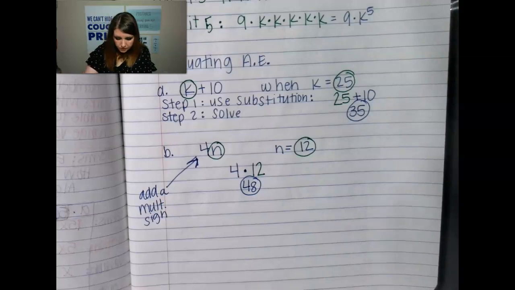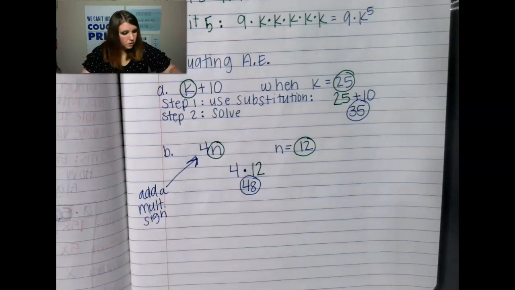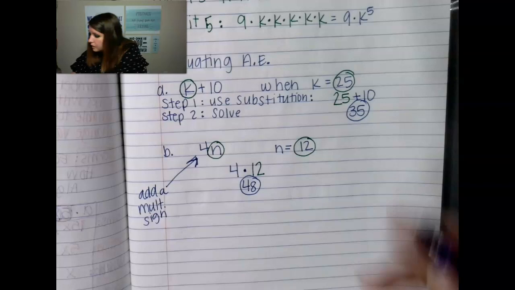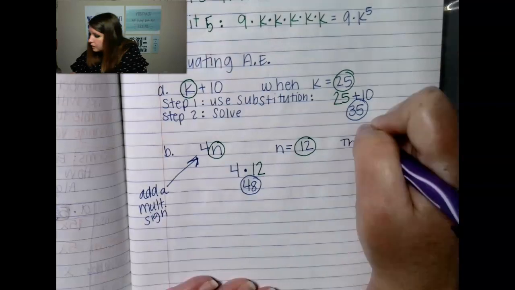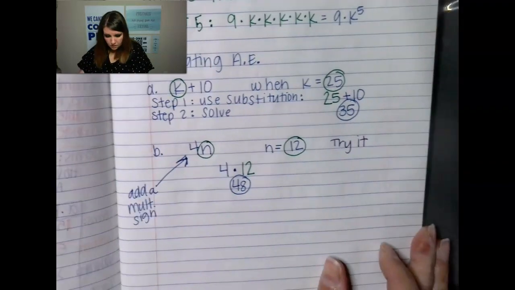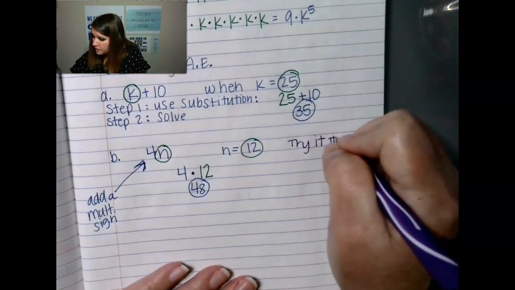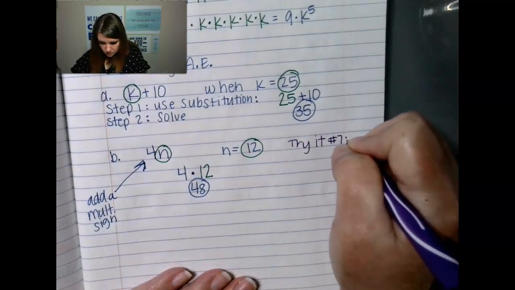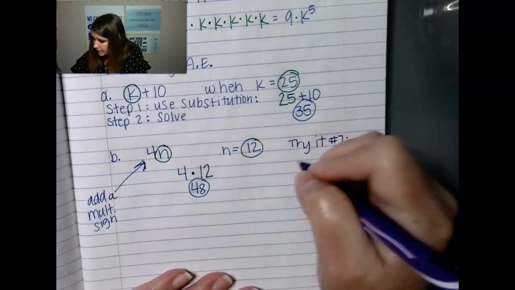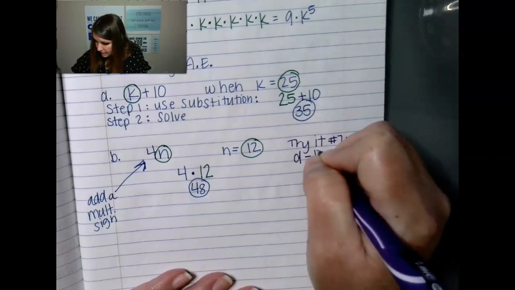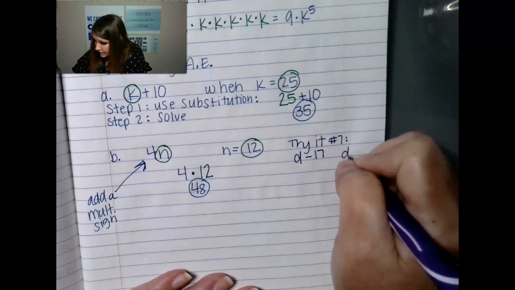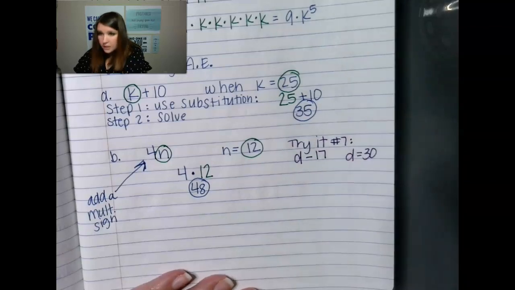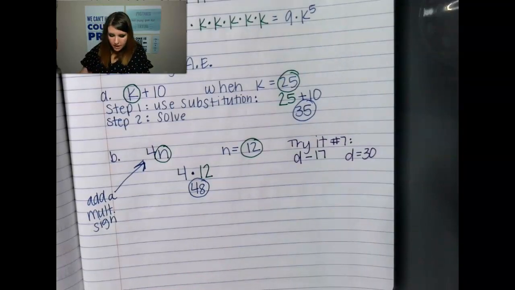Okay, your turn. You are going to do a try it over here. So try it number 7. So it says D minus 17 when D equals 30. Go ahead and solve that one.